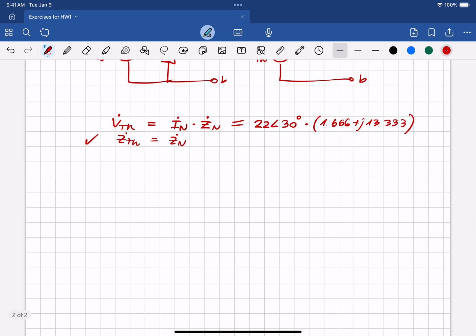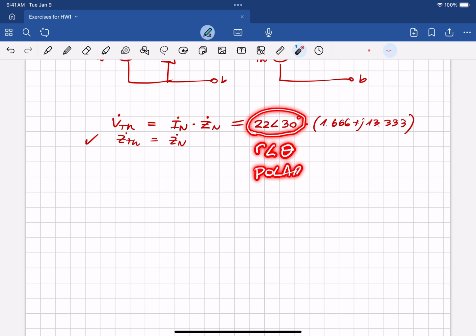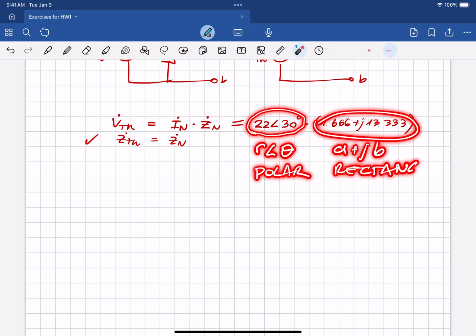Okay, and again, this is another type of calculation that you would do with your calculator. Two complex numbers, one in polar form, this is called the polar form, and another one in rectangular form. That's what you need to input in your calculator and get the actual results. Again, this can be done manually, yes, but from now on my recommendation is to do it on your calculator. You're always going to have it available, and it's way easier.